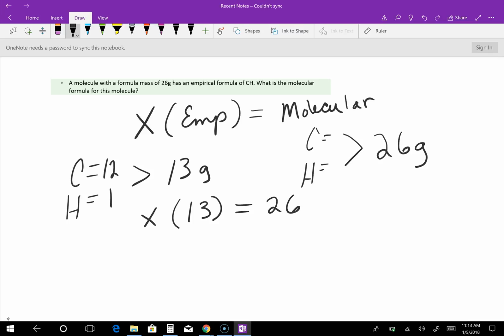We put the numbers into the equation, and then we're going to do some algebra. We find that the X value, the difference here, or the changing factor, is 2. 2 will be our X.